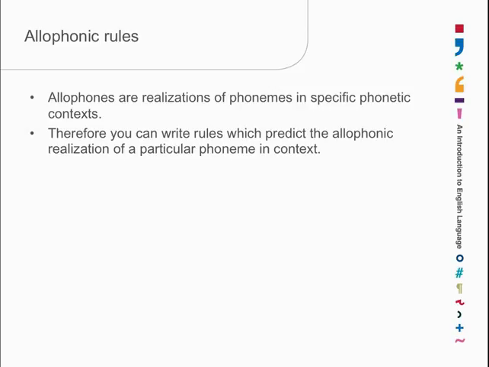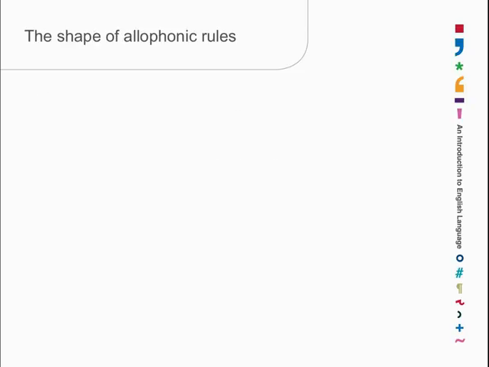We can already do that. We know that the T phoneme at the beginning of a syllable has a puff of air after it. So we have a context, beginning of a syllable, we have a phoneme, the phoneme T, and we have the allophone with the puff of air.